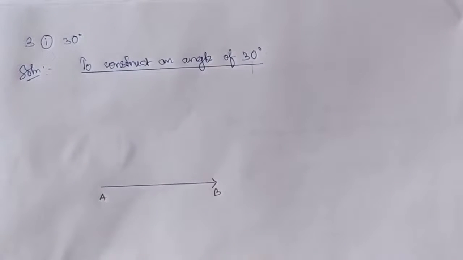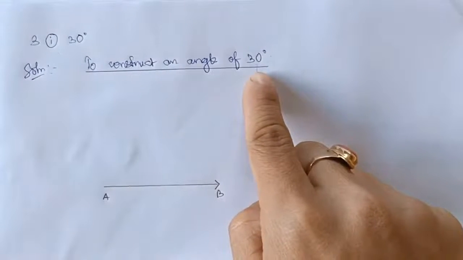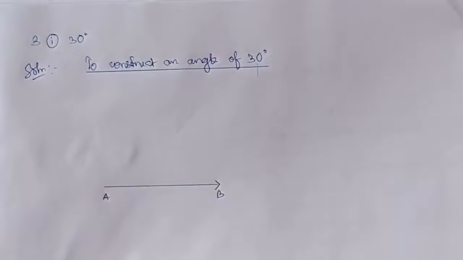So earlier we have learned how to draw an angle of 60 degrees, and you know that 30 degrees is half of 60 degrees. So first we will draw an angle of 60 degrees, then again we will draw the angle bisector of the 60 degrees. So there will be our angle of the measure 30 degrees.